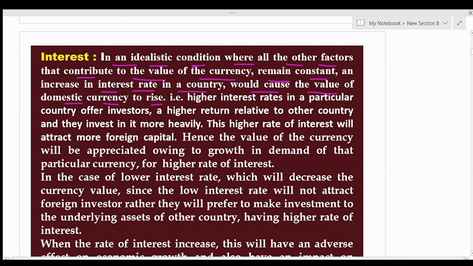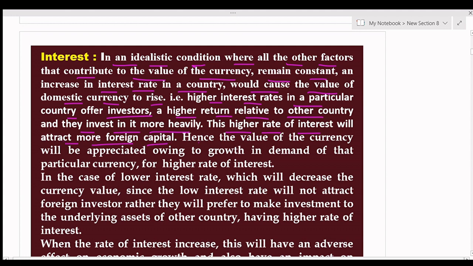That is, a higher interest rate in a particular country offers investors a higher return relative to other countries and they invest in it more heavily. This higher rate of interest will attract more foreign capital or funds.